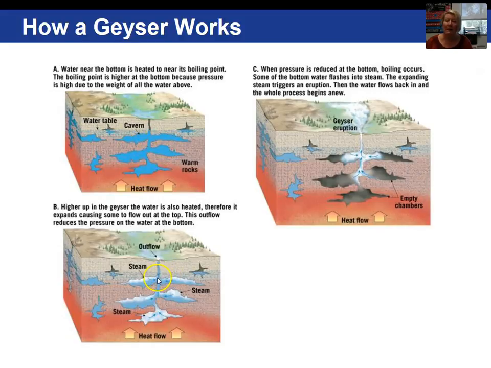Now, higher up in the geyser, the water is also being heated, and it expands, causing some of it to outflow at the surface. That allows the pressure to decrease in the lower part of the chamber. And with that, the boiling occurs, and the bottom of the water flashes into steam and expands, allowing the whole eruption to occur.